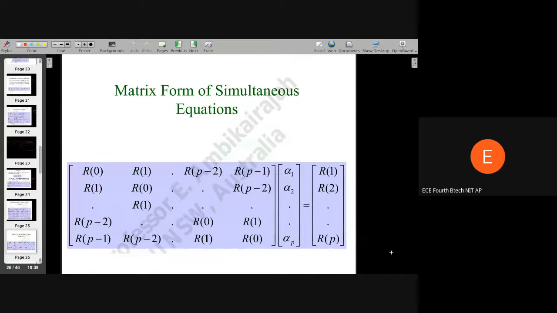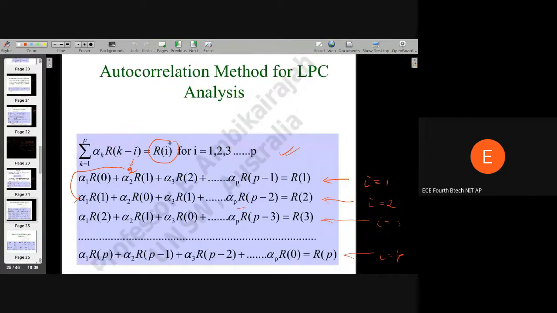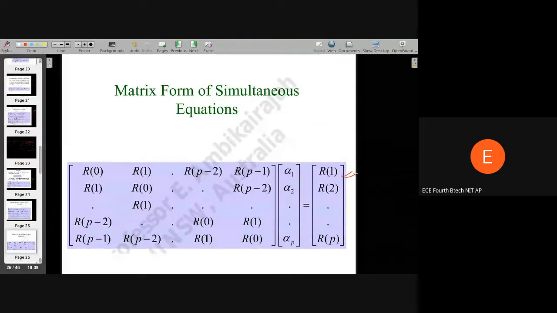All this entire set of equations, you can put it like this. So R naught alpha 1 plus R1 alpha 2 plus R2 alpha 3 up to R P minus 1 alpha P. The next, I hope you know this simple matrix multiplication.